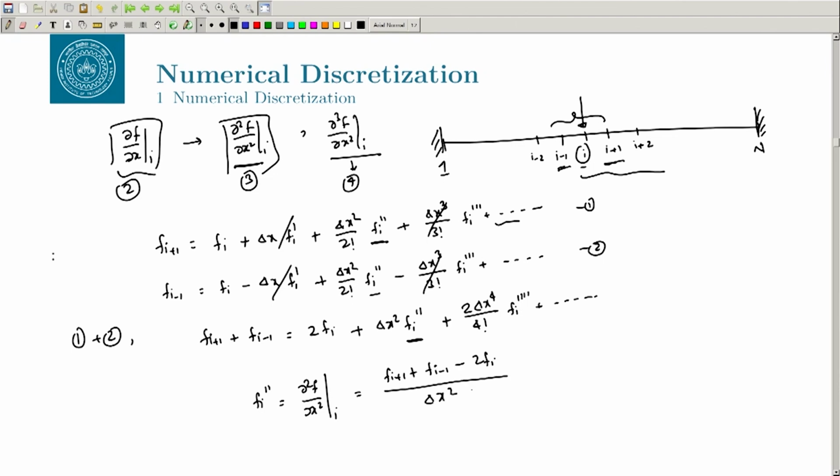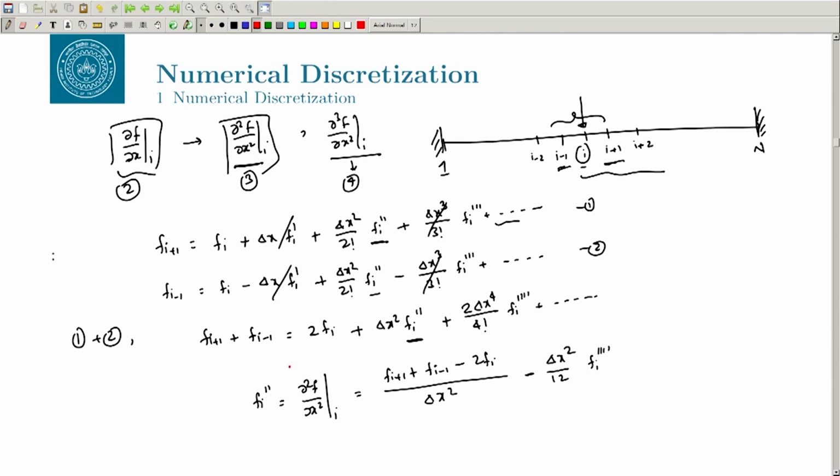This is the approximation. And what is the leading truncation error? 2 by 24 is 1 by 12, and the delta x square will get cancelled, so it is delta x square by 12 times f I fourth prime.